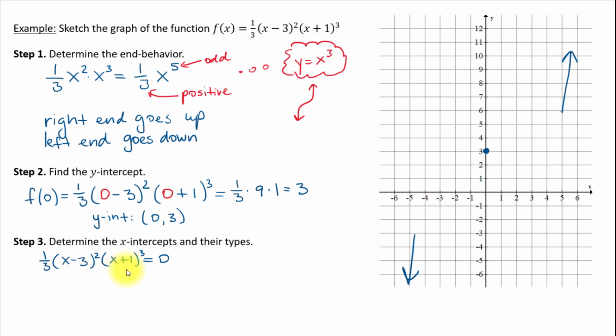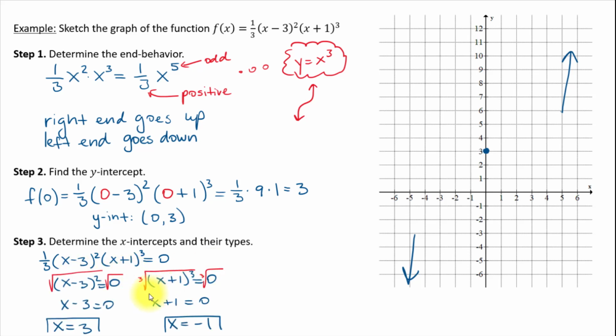Since this polynomial equation is already in factored form, to find solutions, we simply set each factor equal to 0, and then solve each little equation. I had to square root both sides for the first one and cube root both sides for the second one to get rid of powers. And then from each, I was able to determine the x value. So x equals 3 and x equals -1.